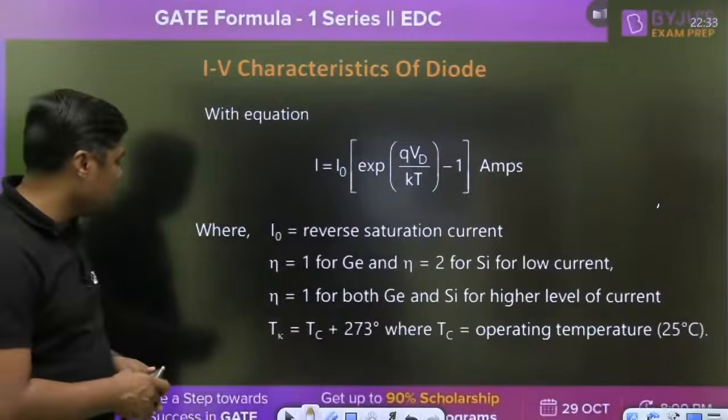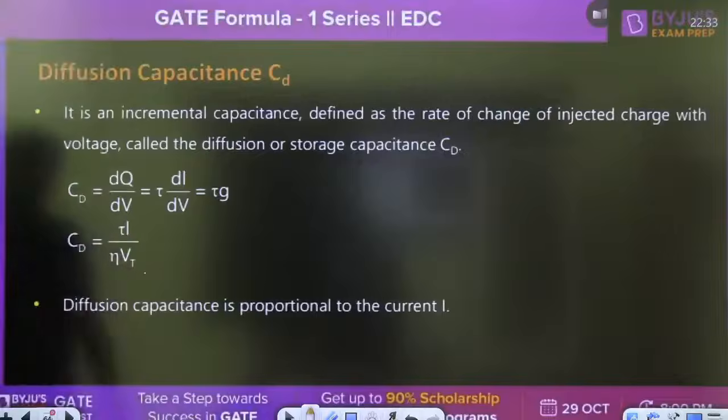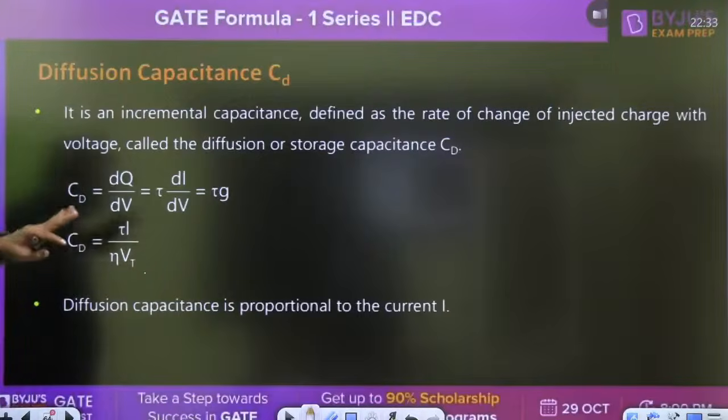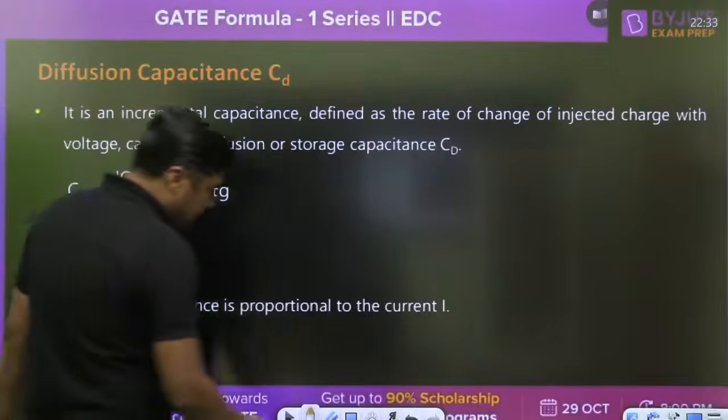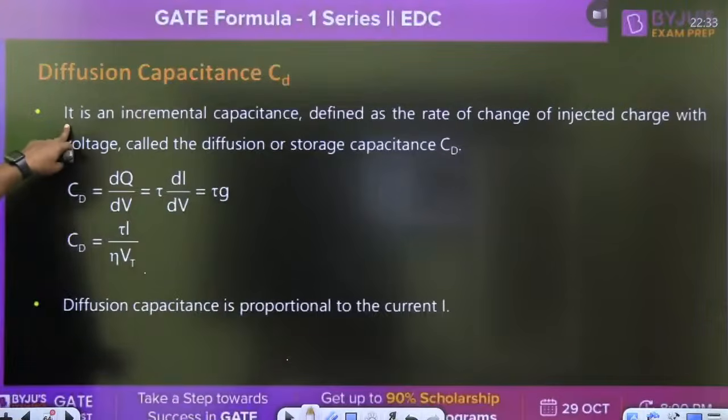So that is the formula. This is about the diode. Now another important one is diffusion capacitance. Remember that when the diode is forward biased, there is a diffusion capacitance. It is an incremental capacitance defined as the rate of change of injected charge with the voltage, called the diffusion or storage capacitance.